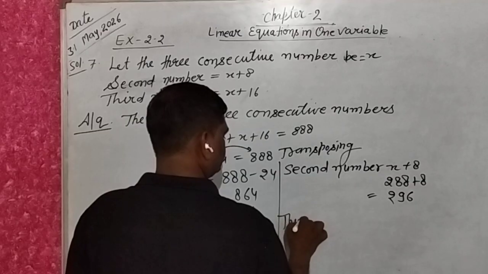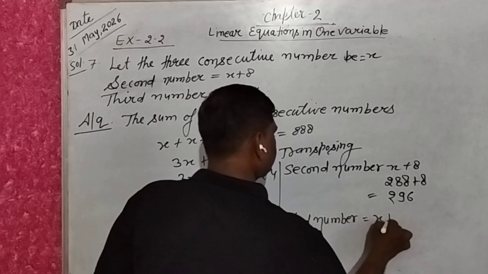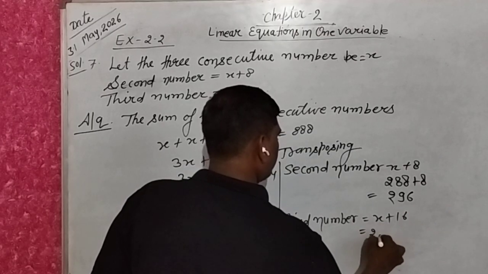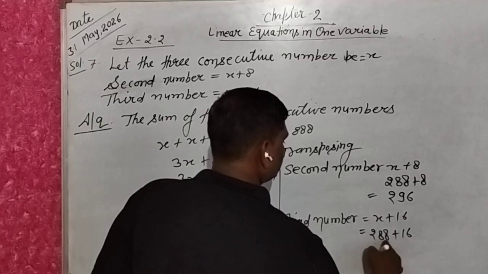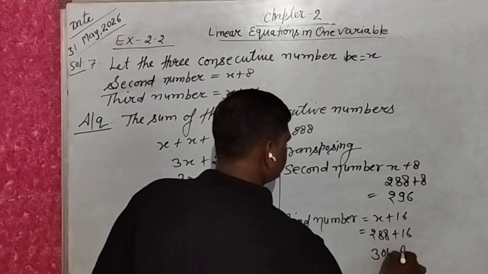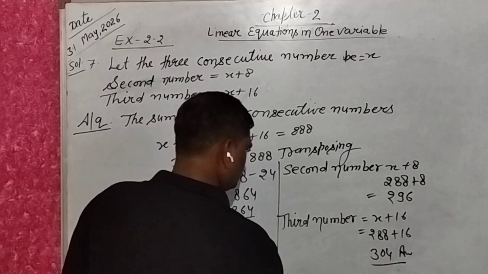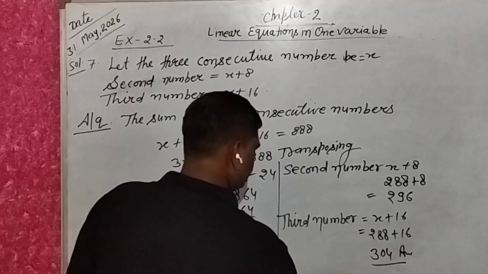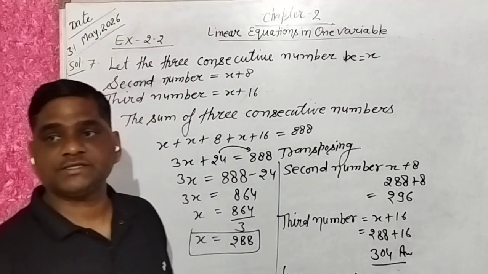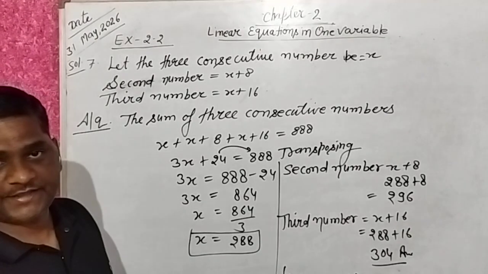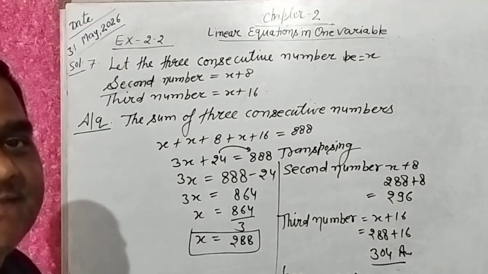Third number is x plus 16, 288 plus 16 is 304. So you write here first number 288, second 296 and 304. These consecutive numbers are multiples of 8. Okay guys, write down. Next question.